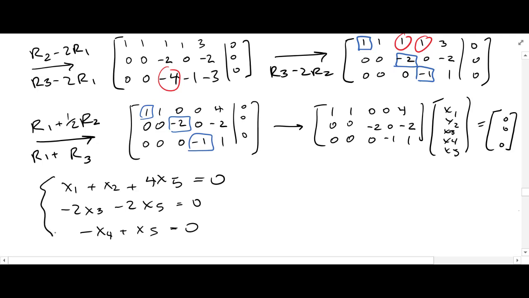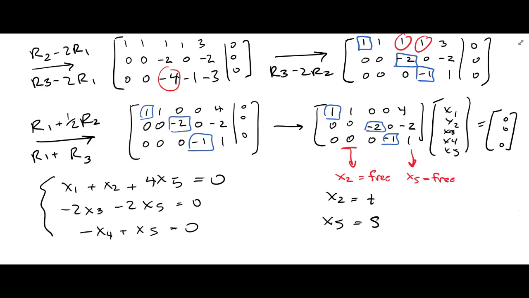Some of these are free variables. X2 is a free variable, so it doesn't have a pivot in that column. Pivots are here. X5 is also free, because there's no pivot in that column. So we can say X2 is a free variable t, and X5 is s. We want to solve for X1, X3, and X4 in terms of t and s, the free variables.